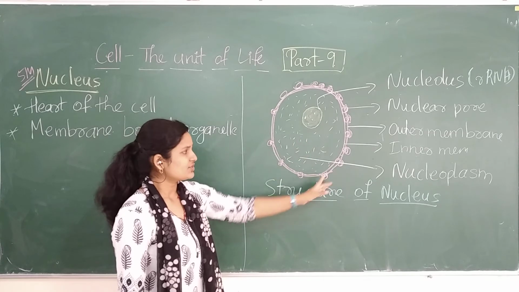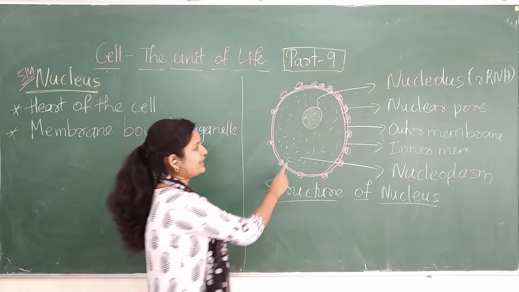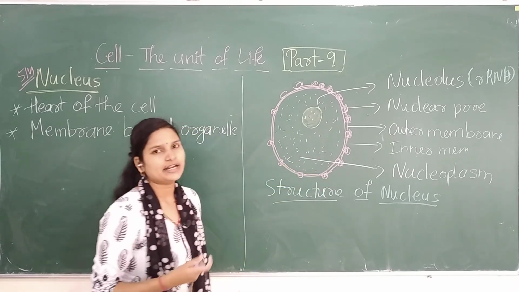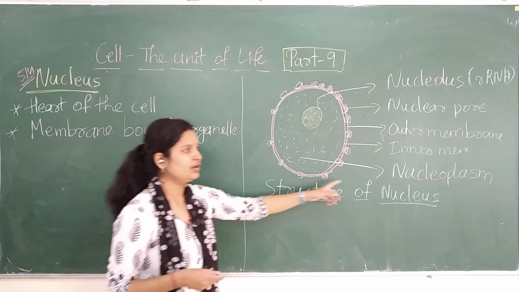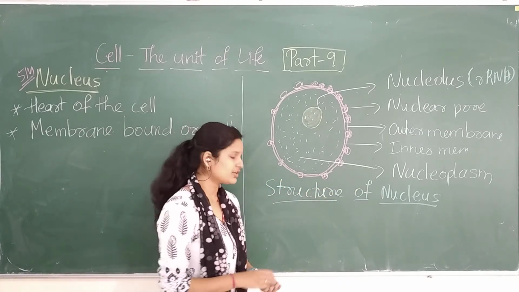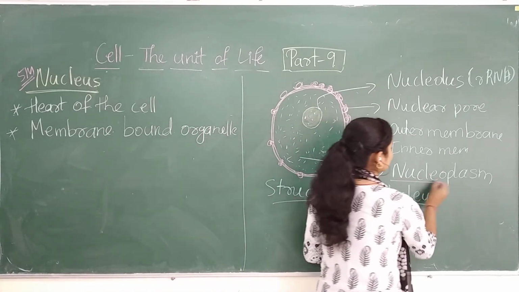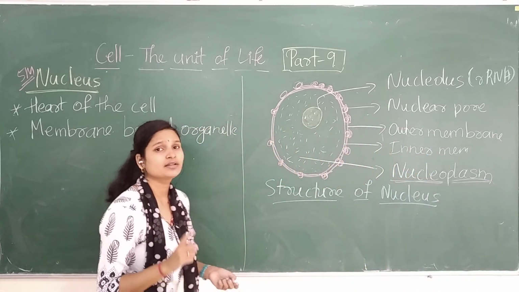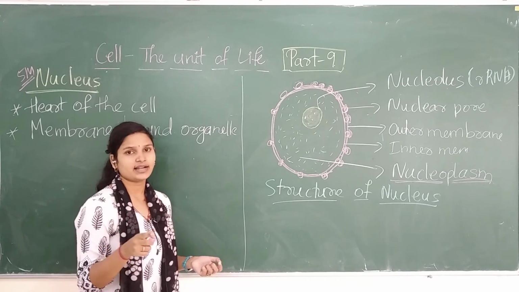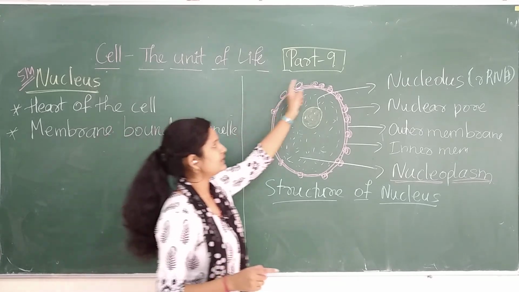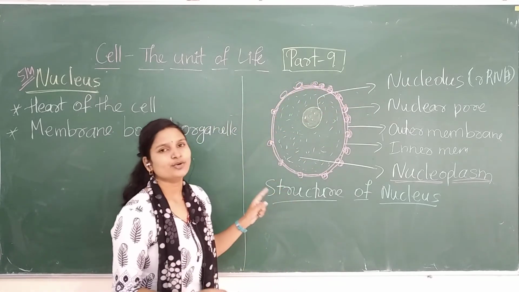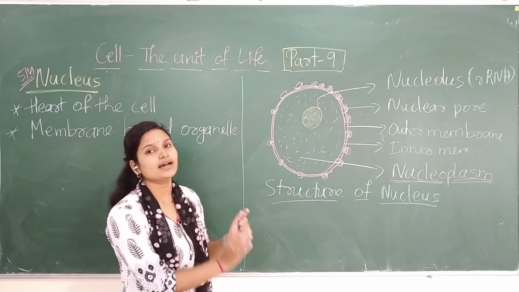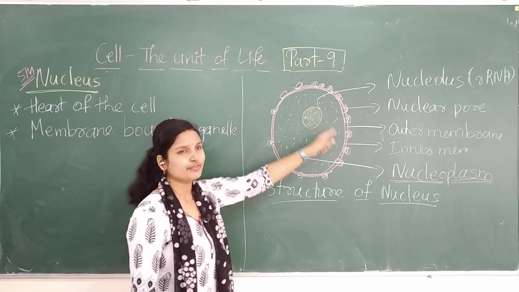So this is the structure of the nucleus. There is a dense cytoplasm that we call nucleoplasm. Remember, not cytoplasm, it's nucleoplasm. Cytoplasm is the dense content present in the cell, but inside the nucleus there is a further compartmentalization.